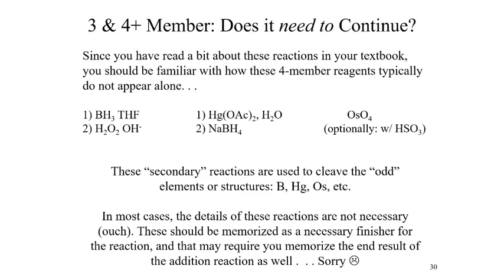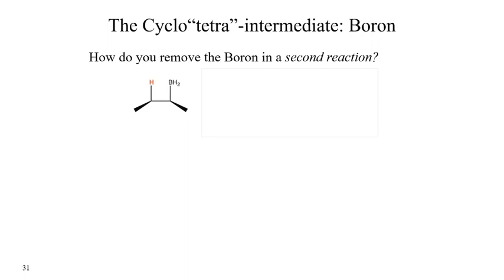For the boron one, how do we remove it? Okay, very hand wavy but fast mechanism, which is why I like this one. A full mechanism will show up on the next slide, I think. Okay, there's our BH2. Remember, it has that empty p orbital.